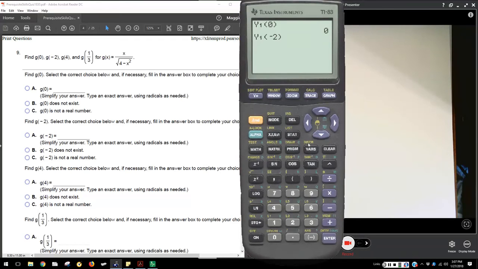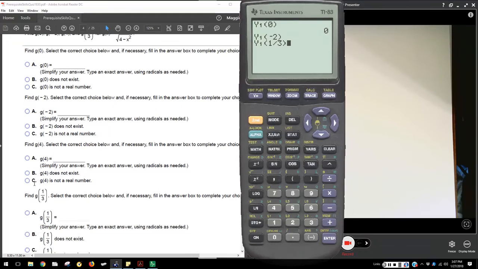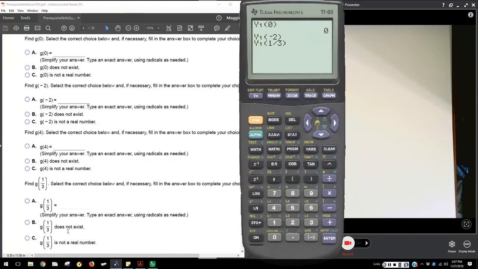Our third one is going to be g of 1/3, 1 divided by 3. And we're going to need to put the answer in. Oh, I'm sorry, I'm ahead of myself, but that's okay, we'll go ahead and do it. It says simplify your answer, type an exact answer using radicals as needed.